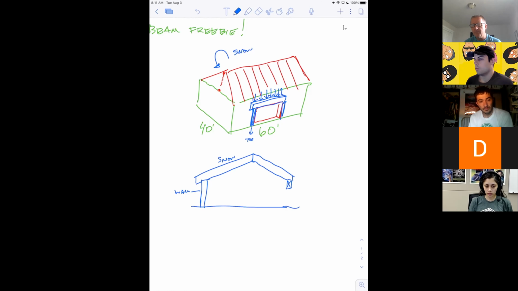Does that make sense? So this is a cross section. Do you see, if you will, that that's a cross section through this portion of the house? Do you at least have a feel for it? And so does it make sense the snow that's on the left side is not on our beam, but the snow that's on the right side is on our beam. And so this turns out to be true.